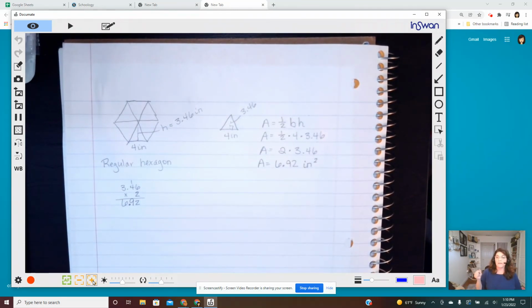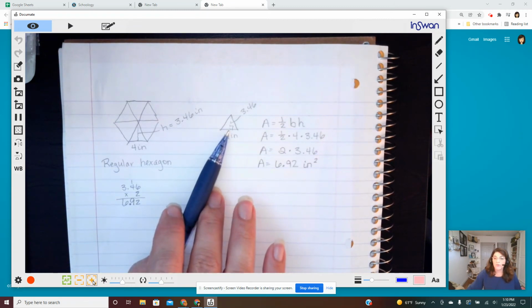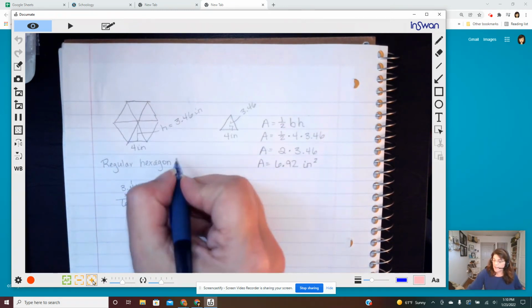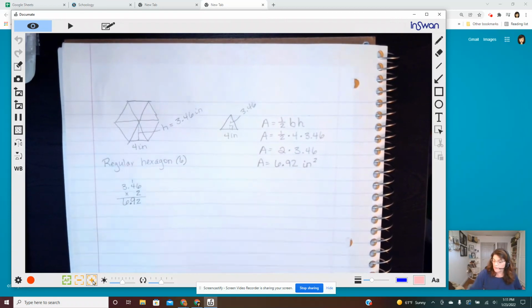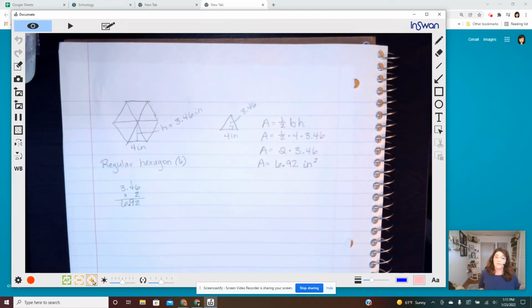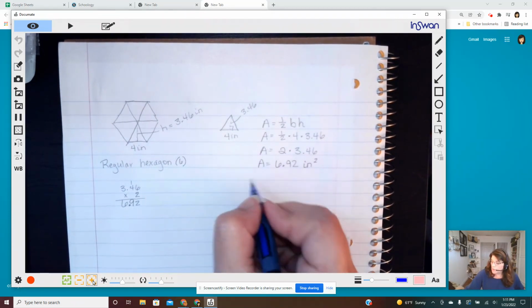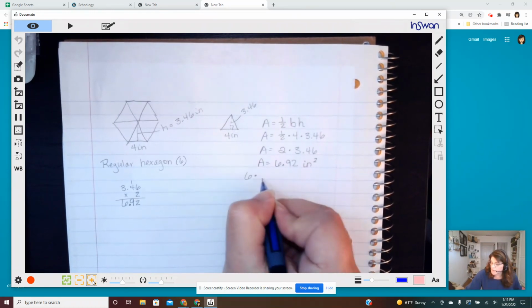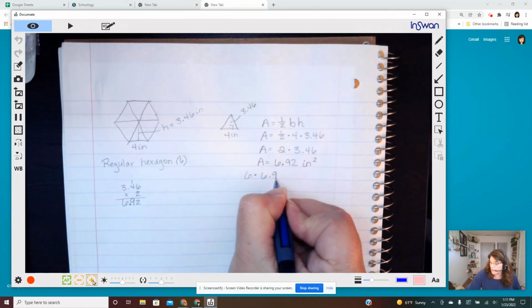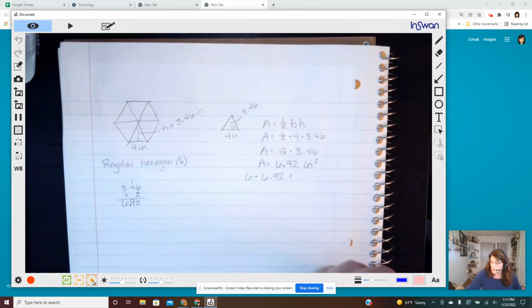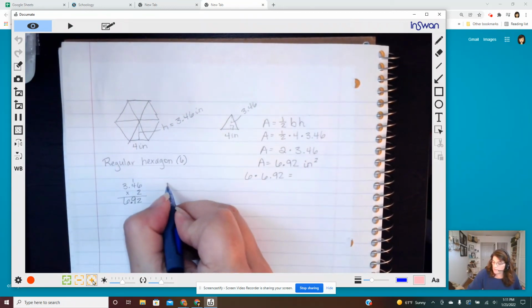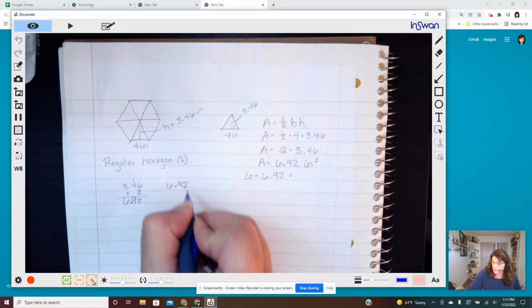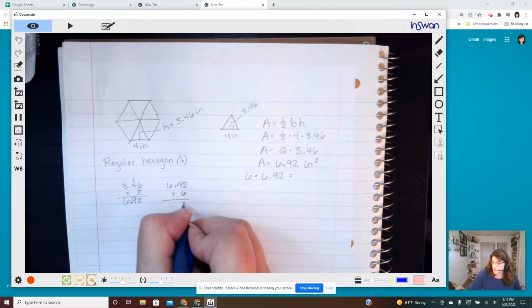But I'm not done. This was only one of the triangles. If it's a hexagon, it has 6 of those. So now I need to take 6 times 6.92. Again, side work, no problem. 6 times 2 is 12.